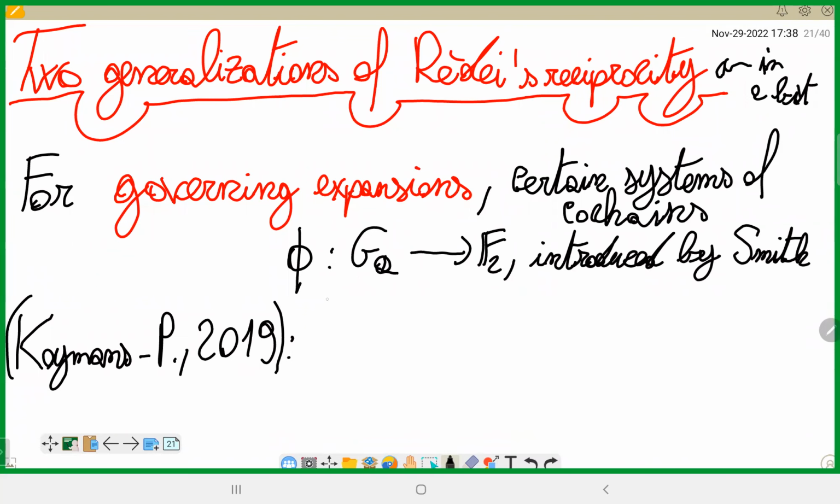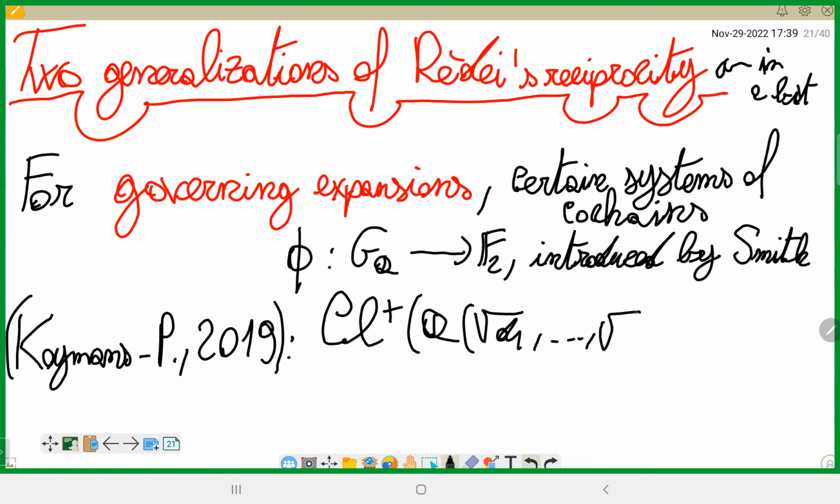And let me mention something here: in a work in 2019, we found that these objects that I will introduce soon can be used to describe the 2-torsion of the narrow class group of a multi-quadratic field Q(√D1, ..., √Dn).